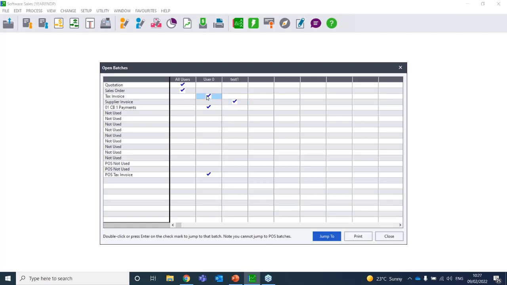Likewise, if you have customer tax invoices and you have already given them or sent those items to them, so they are no longer on your floor, guys, you need to update that batch. You should only have open batches if they have not affected the physical quantity on your floor.